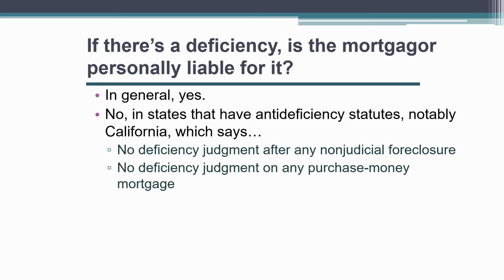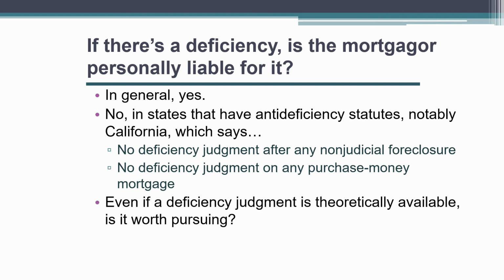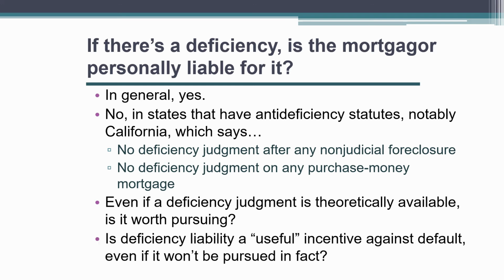So you can see that the vast majority of situations in which we might try to get a deficiency judgment in California, it will be barred. Even if a deficiency judgment is theoretically available, and it is in most states, the question arises whether it's worth pursuing. If the borrower has defaulted on this loan and can't make up the default before the foreclosure sale occurs, then there's a real chance the borrower just doesn't have any other assets either, and there won't be any practical way of recovering the deficiency from them by a personal suit against them.